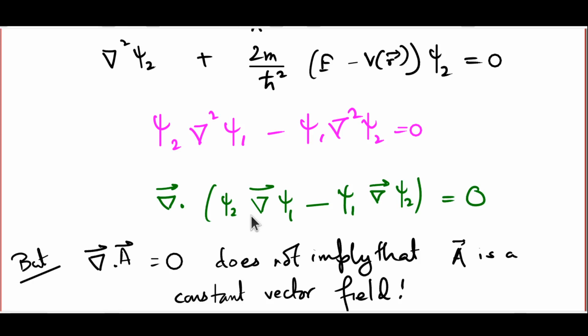So you can have a situation where the vector field vanishes infinitely far away, but is very non-trivial and complicated at other points. In other words, psi2 grad psi1 minus psi1 grad psi2 does not have to be 0, and hence psi1 by psi2 equal to constant no longer follows, and you no longer have a contradiction.